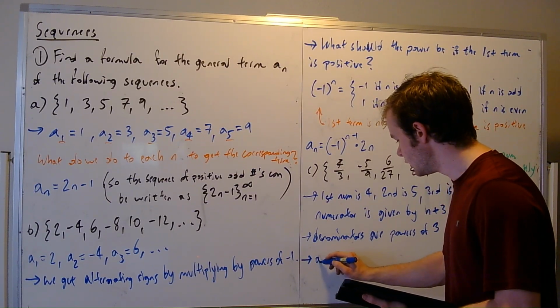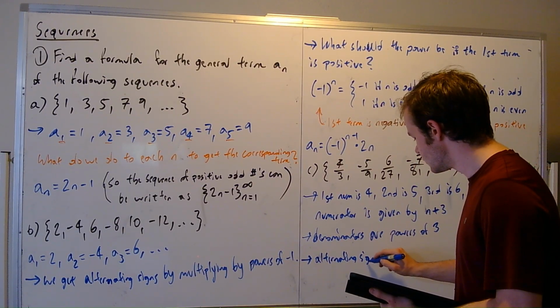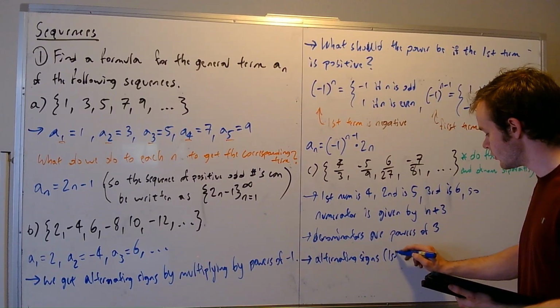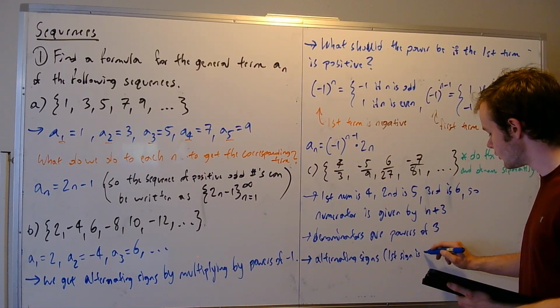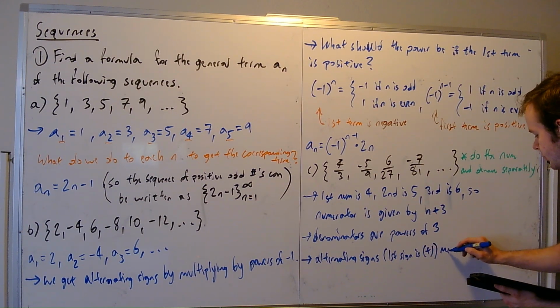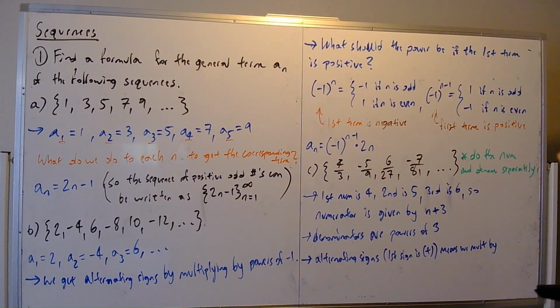And I'll say here the alternating signs. Notice the first sign is positive, which means we multiply by, right, just look at what I said here. If the first term is positive, we multiply by this. Now, this negative 1 to the power of n minus 1 is actually the same thing as negative 1 to the power of n plus 1, right?